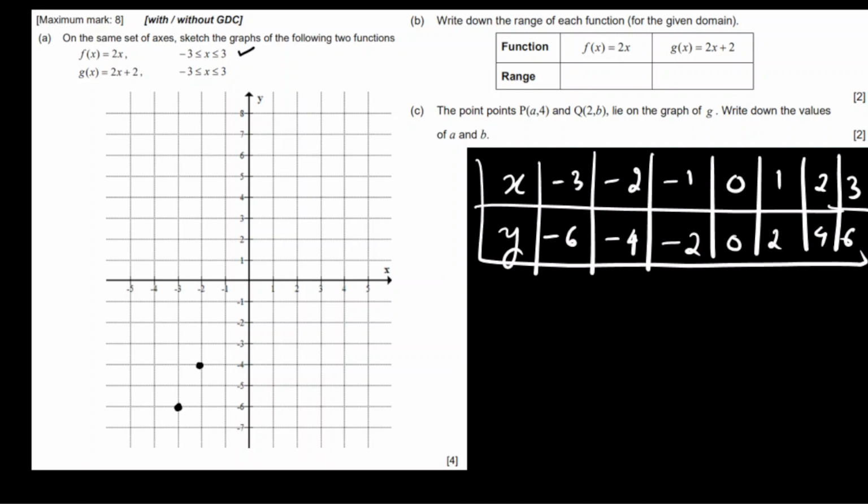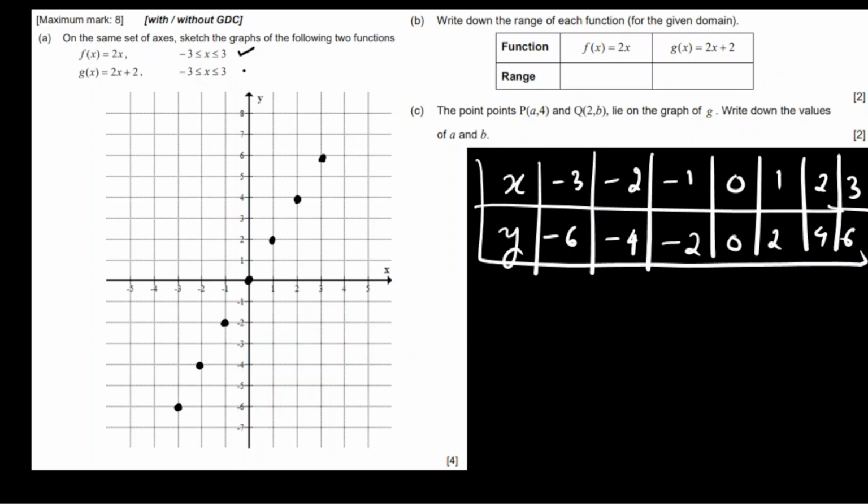So here is the point. I'm highlighting the points as dark dots. When x is negative 1, the value of y is negative 2. So I've drawn the point over there. Then 0, both zeros. Then when x is 1, y is 2. When x is 2, y is 4. When x is 3, y is 6.